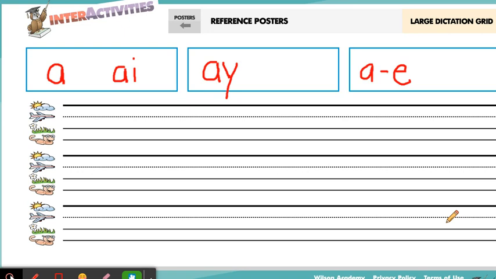So the sentence is, I will play at the lake. I will play at the lake.